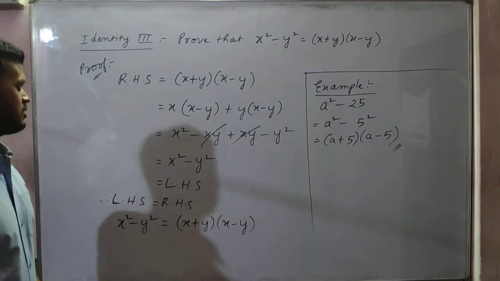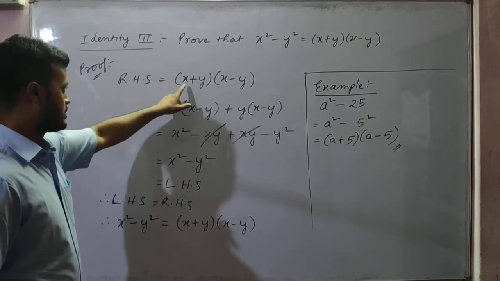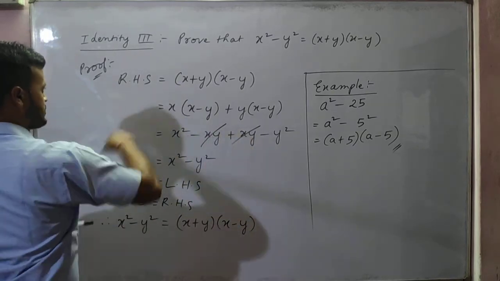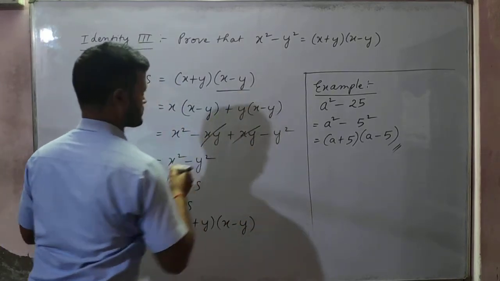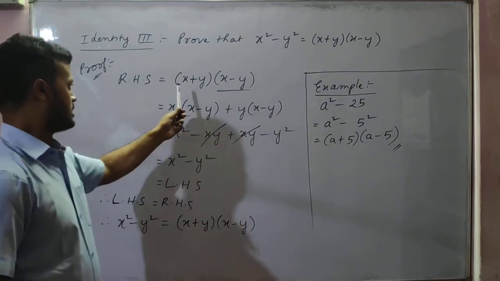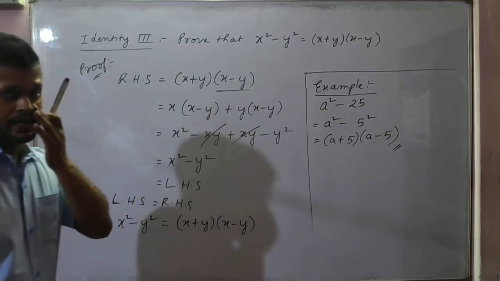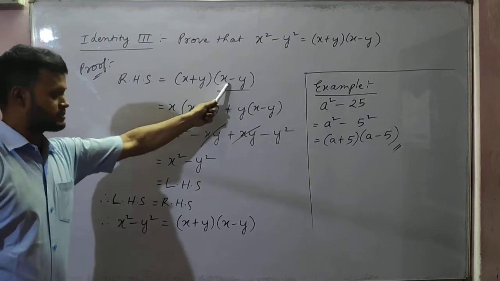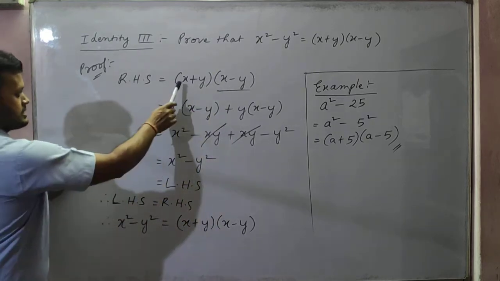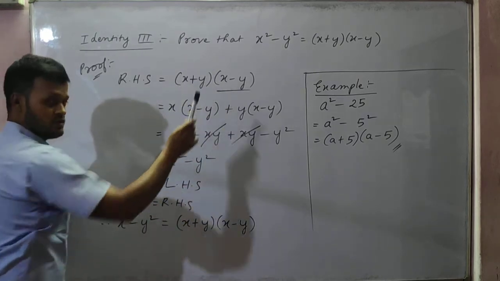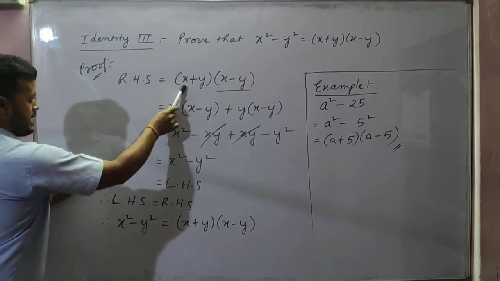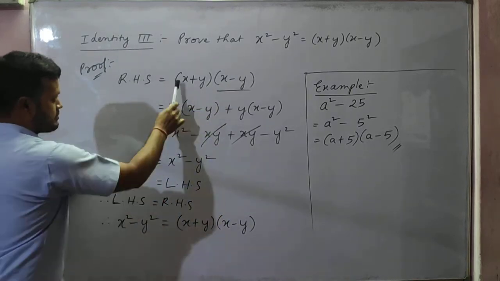So just like before, we will use the distributive property. Along with this x, we will multiply this full bracket. So x into x minus y. After x, what sign is there?